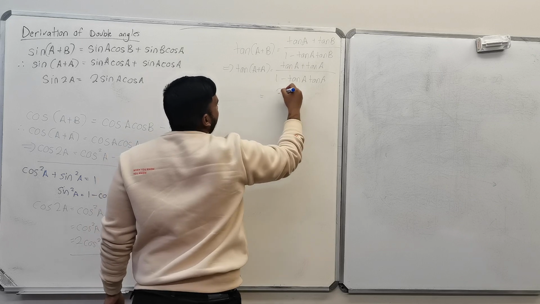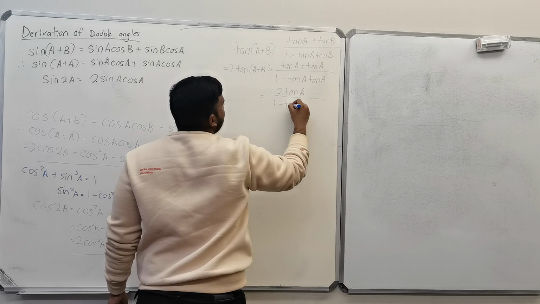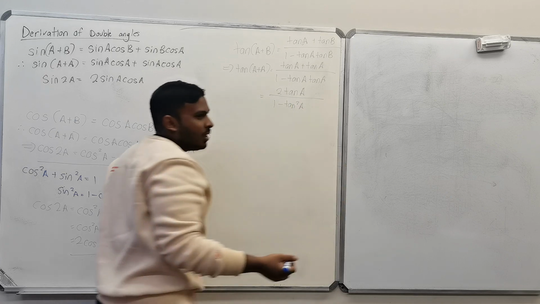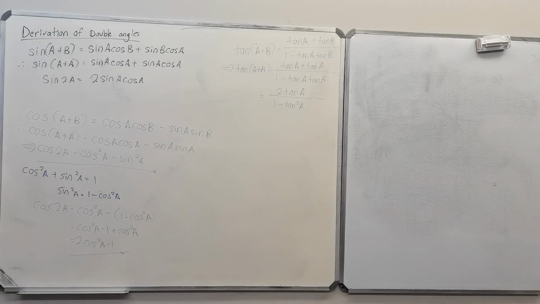This will become, on the top, 2 tan A all over 1 minus tan squared A. And isn't that your double angle formula for tan? So you'll see how easy it is.